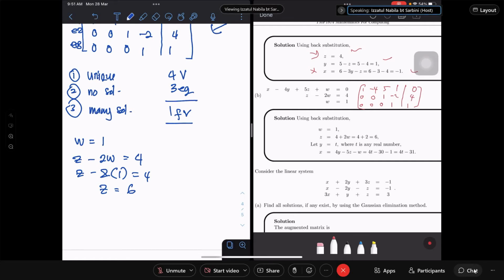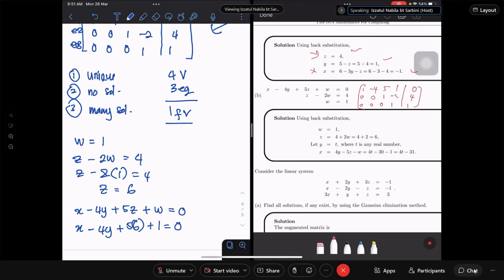And the first equation is X minus 4Y plus 5Z plus W equals 0. Okay, so you substitute W and Z. So you have X minus 4Y plus 5 times 6 plus 1 equals 0.